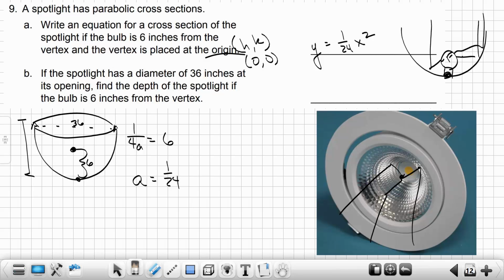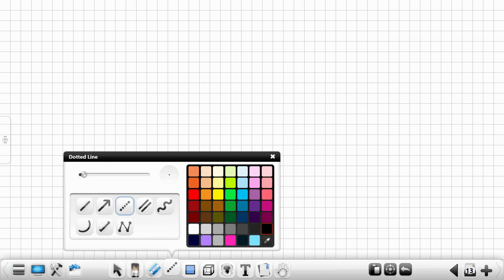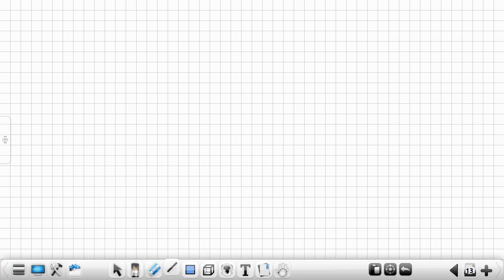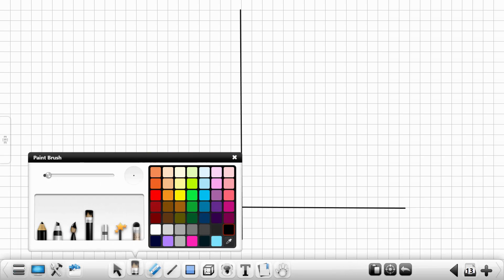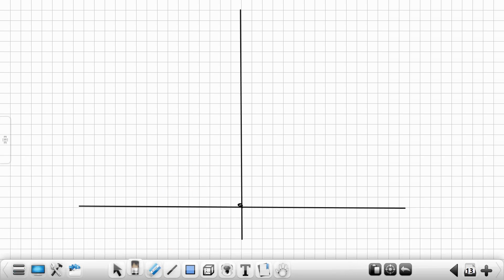So if I were to actually graph this, we'll come back to this and fill in the answer in a second. Our vertex is at the origin, so I can do this. Here's our vertex. There's our focus.